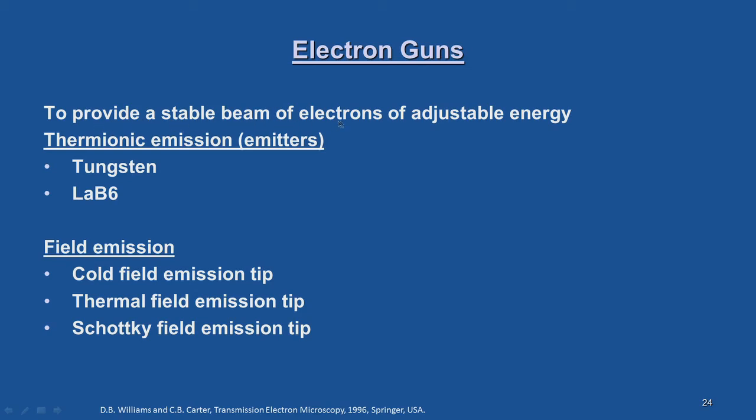To provide a stable beam of electrons of adjustable energy, you have thermionic emitters, for example tungsten and lanthanum hexaboride, also called LaB6. These two are thermionic emitters. Then you have another type called field emission guns, which has three variants: cold field emission tip, thermal field emission tip, or Schottky field emission tip.